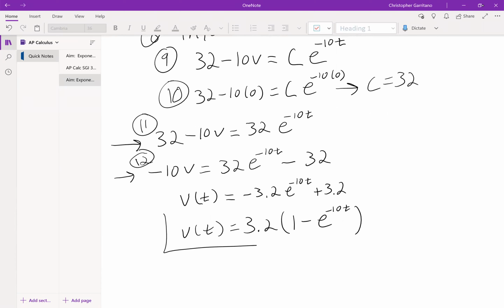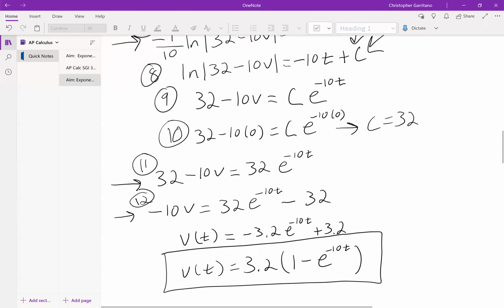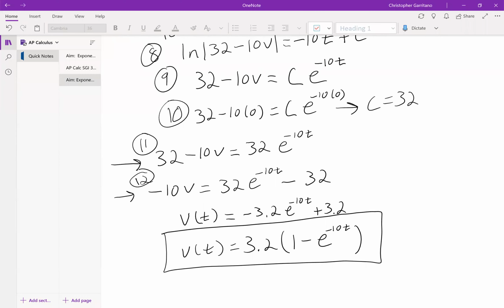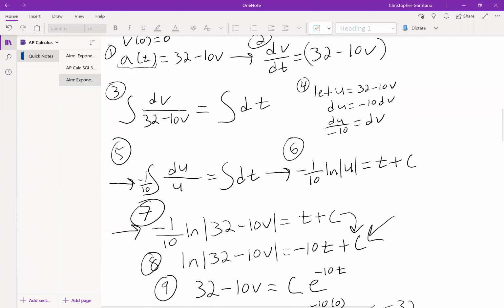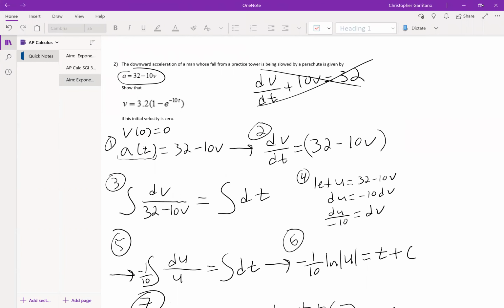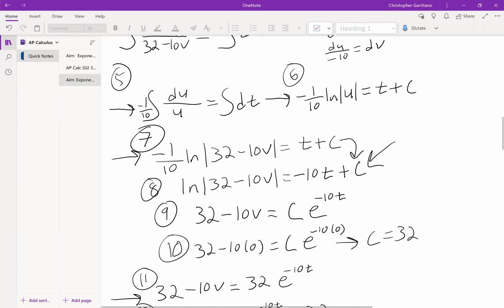And finally, after all that, we do have our expression for velocity at time t. And you'll see if I scroll up that what we solved does indeed match what we were trying to solve. The goal of this problem was to show that velocity is equal to 3.2 times 1 minus e to the negative 10t. And that's what we have.